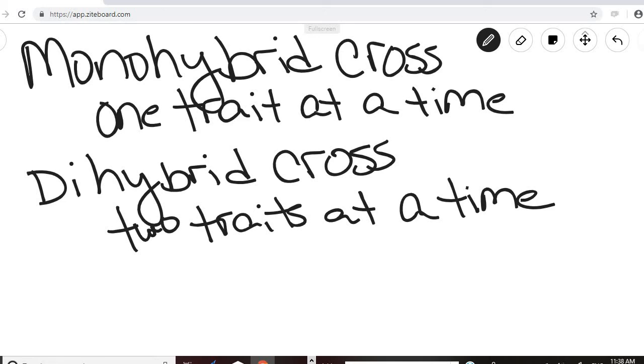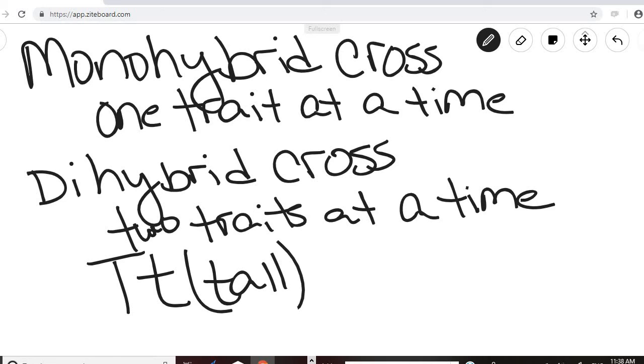And so you might have a plant that is heterozygous tall. So this is a tall plant, but it's also homozygous white.